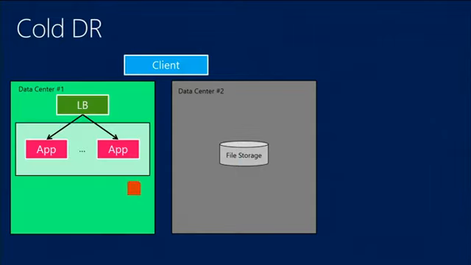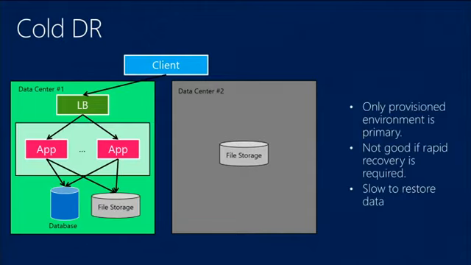The application is running, put the backup there, put everything there, and everything's good again. And in some cases, this is really interesting because the cost is low. So I only have one site provisioned. I'm relying on my backup strategy in order to have this.